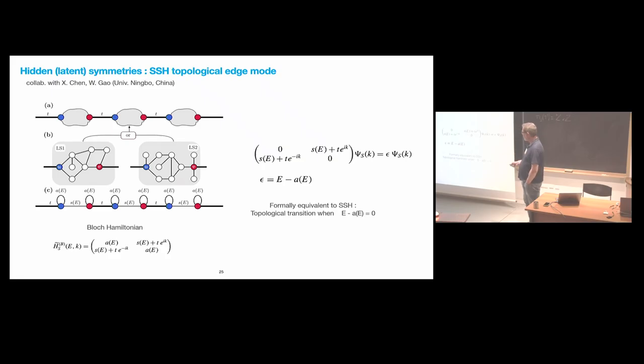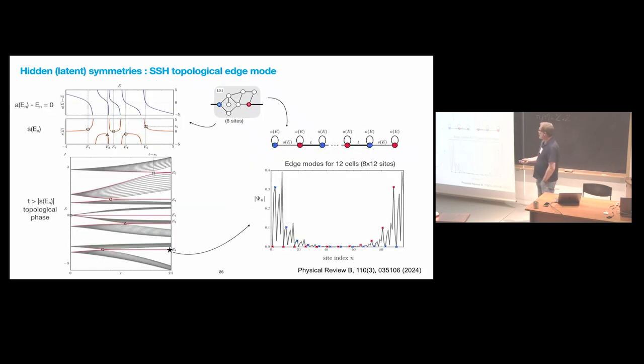First, we know that the topological transition of SSH is when the energy equals 0. So we just need this renormalized energy epsilon to be 0. Here is what is done: we take 8 sites inside the molecule of SSH and solve the renormalized energy equals 0. It gives candidates of energy for the topological transition.